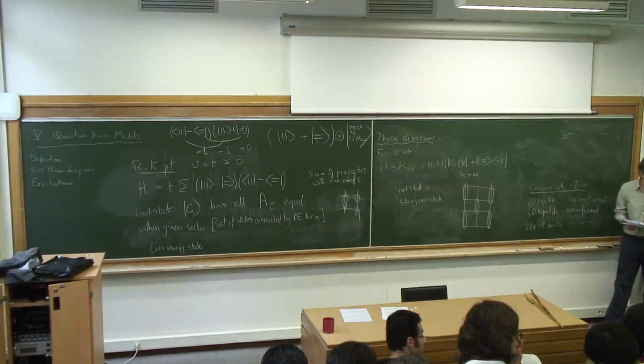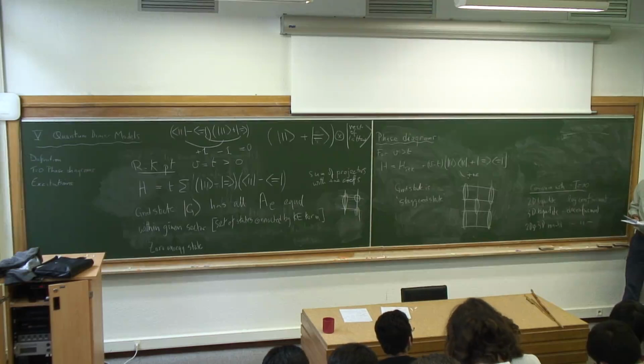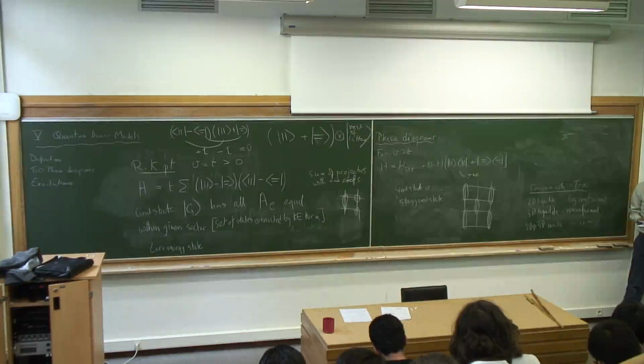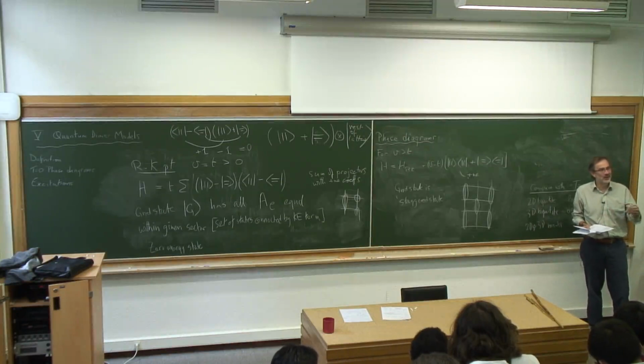Is there an even-odd effect depending on the size of the system? You can imagine you wouldn't be able to do that kind of staggering for an odd number of sites in one direction. Yes, there must be. Maybe if you make the system odd in both directions, you can't write a nice zero energy state like that anymore. Then probably you have to have some domain wall which costs energy, and you have some freedom about where you put it.